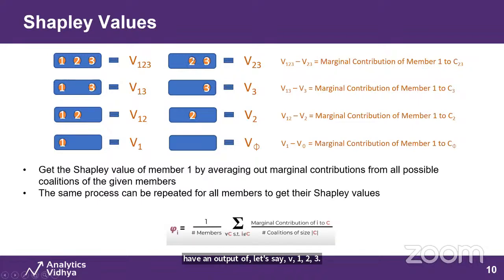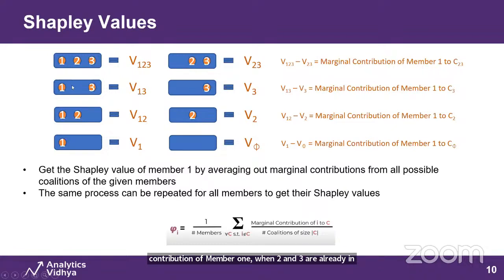And let's say we also know if only 2 and 3 work together, the output would be V23, right? So what's the marginal contribution of member one? If we subtract these two outputs, it will tell us how much one has contributed to this specific coalition of 2 and 3. Right. So the marginal contribution of member one when 2 and 3 are already in the group is V123 minus V23.